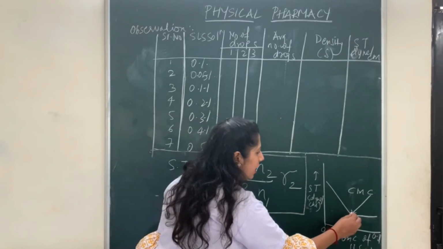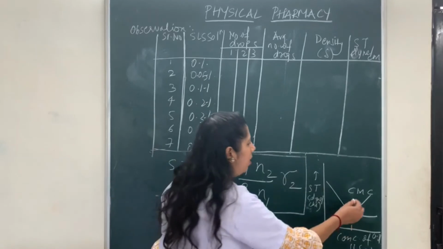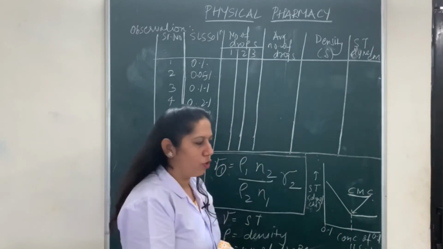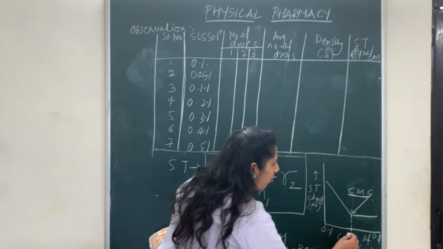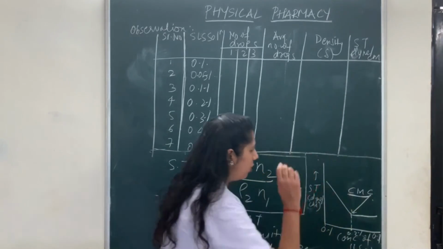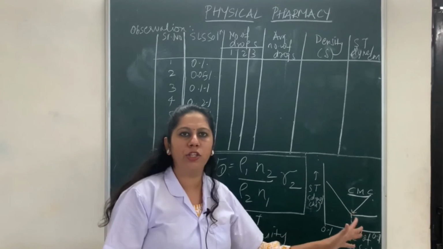The concentration at which there is no further change in the surface tension is your CMC. So you have to extrapolate the graph up to that concentration. Suppose it is 0.2%, then the critical micellar concentration of SLS will be 0.2%.